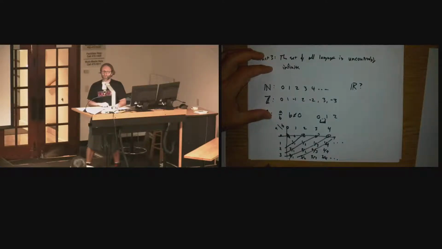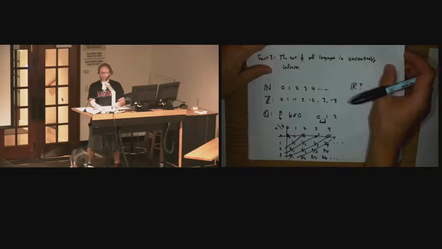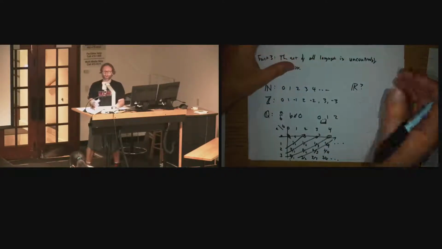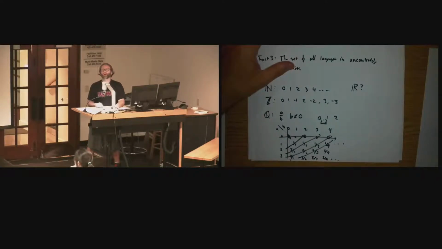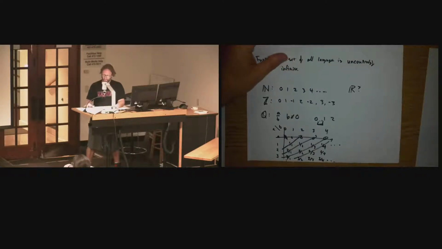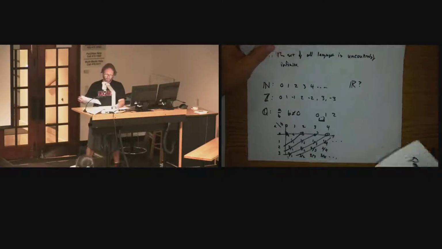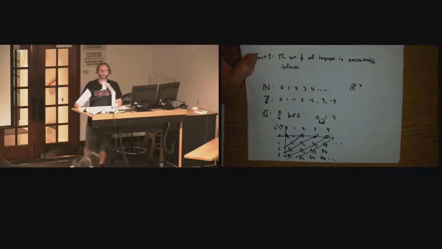All real numbers? No. And the reason is you can diagonalize it. This is Cantor's diagonalization argument. What was his name? Georg Cantor or something like that. This was the first non-constructive proof, and it was rejected at the time, but pretty much it's universally accepted, and it's a powerful technique.